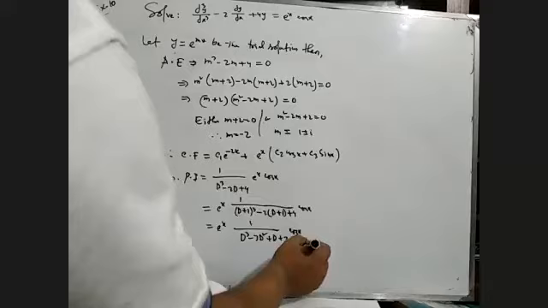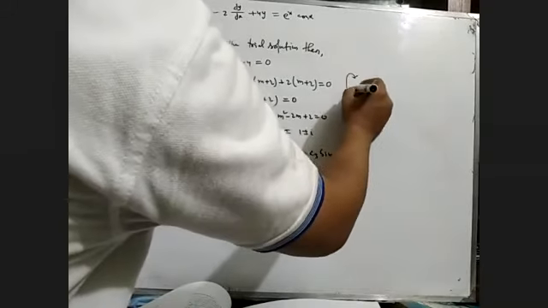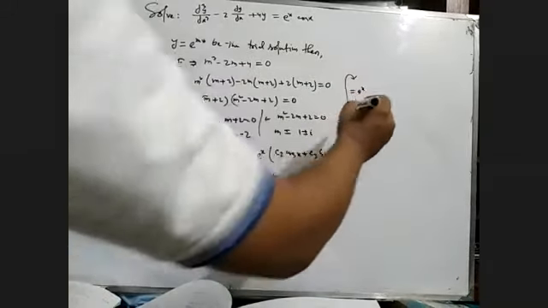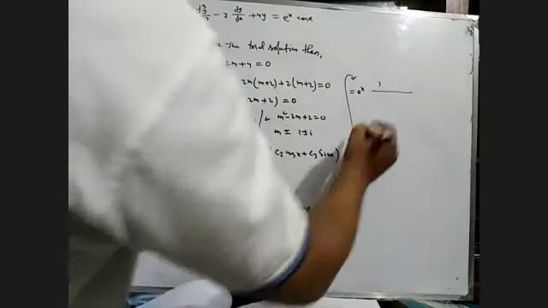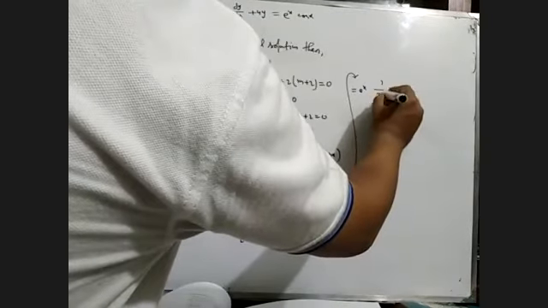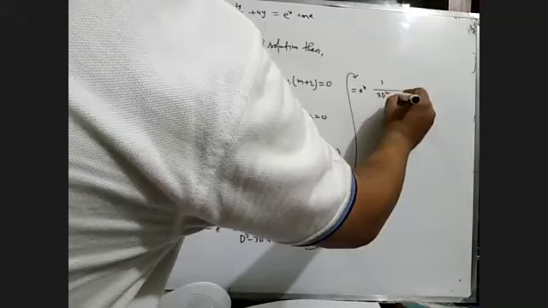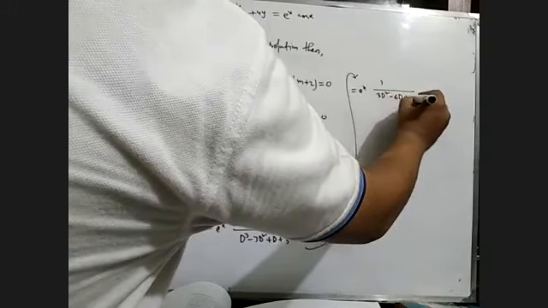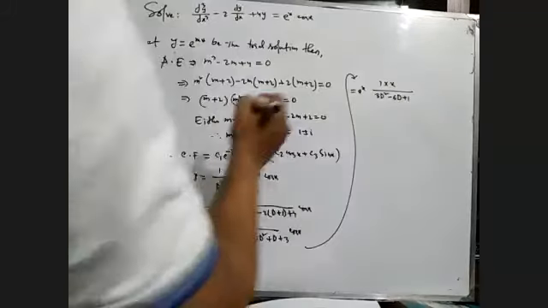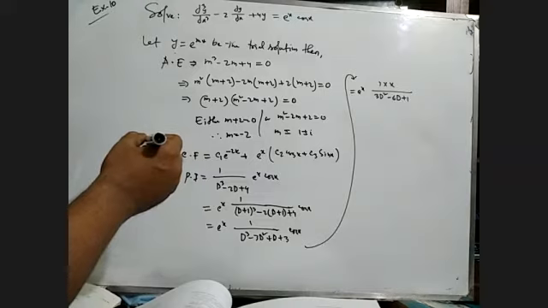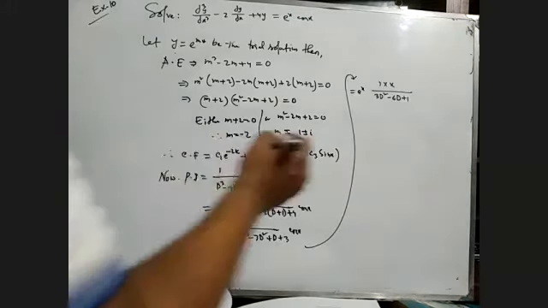For the case of failure, we differentiate the denominator with respect to D and multiply with the numerator x cos x.